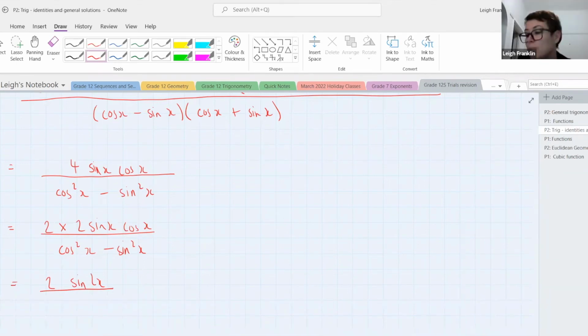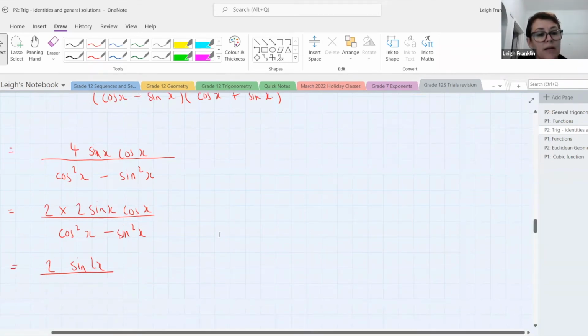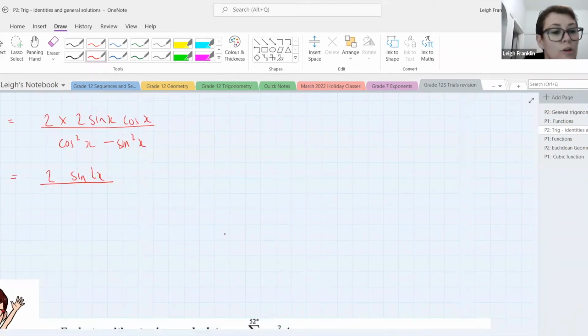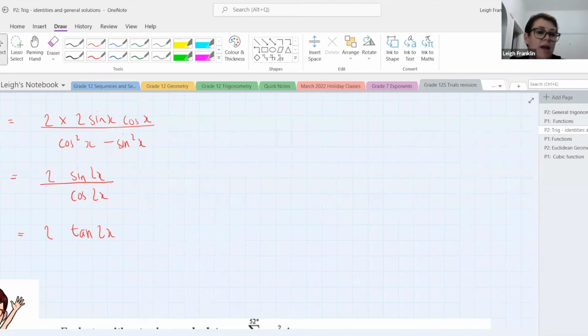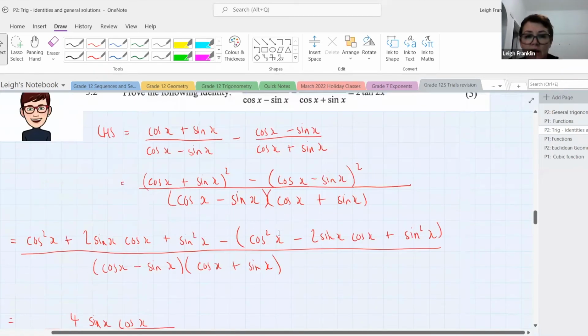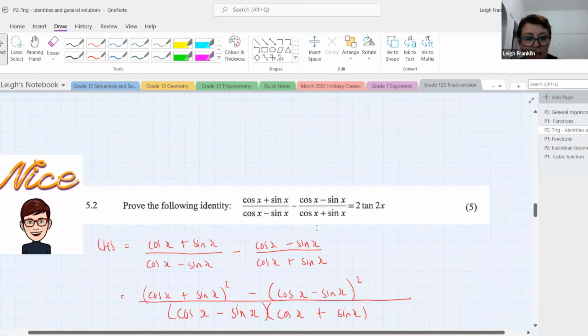And at the bottom, I've got my cosine double angle identity. Remember, cos squared x minus sine squared x is cos 2x. All right. And then that would leave us with 2 tan 2x. And the left-hand side is now equal to the right-hand side.